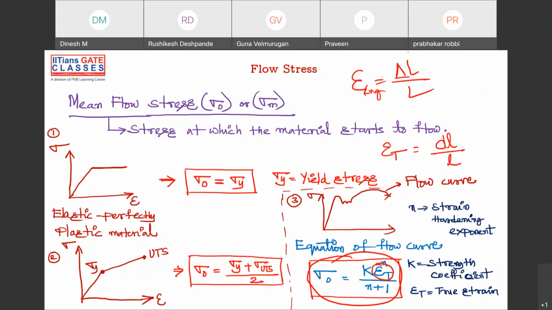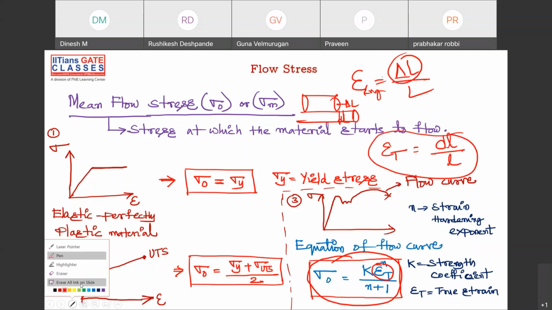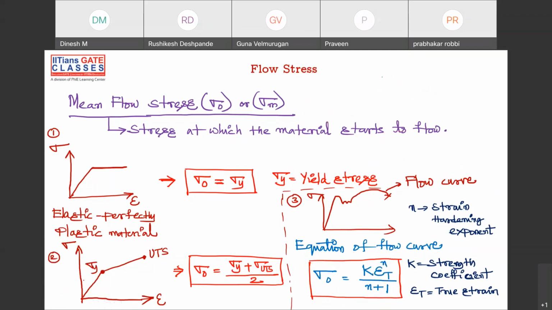That is important. Engineering strain uses the total change in length, after full expansion. But at an instant, some dL will have changed. That is true strain, dL by L: instantaneous change in length by length, integrated over the total length gives the true strain.